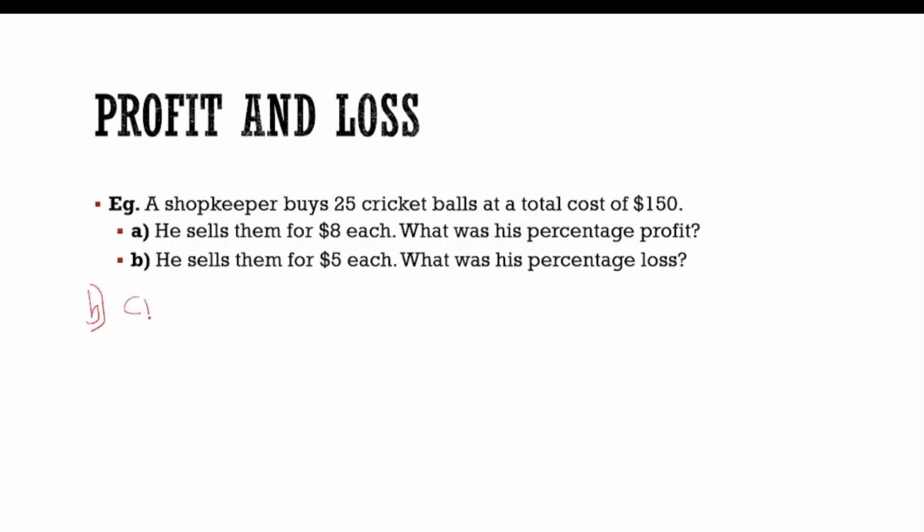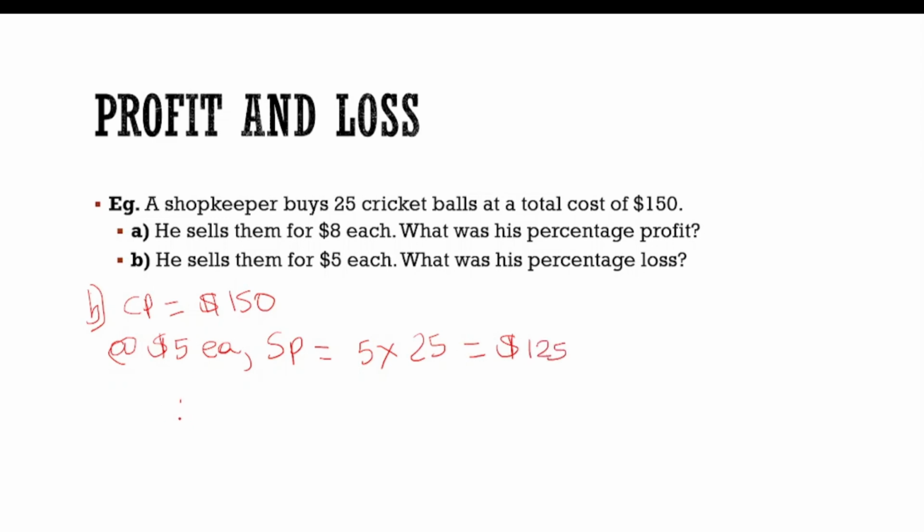We know that the cost price was equal to $150. So at $5 each, the selling price is going to be equal to 5 times the number of balls, which is 25, and that is equal to $125.